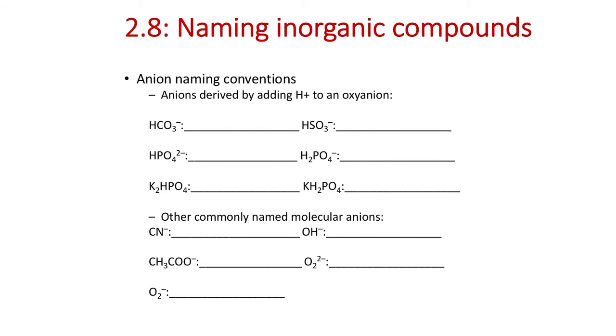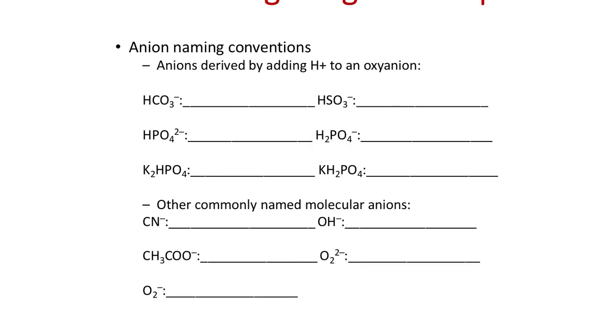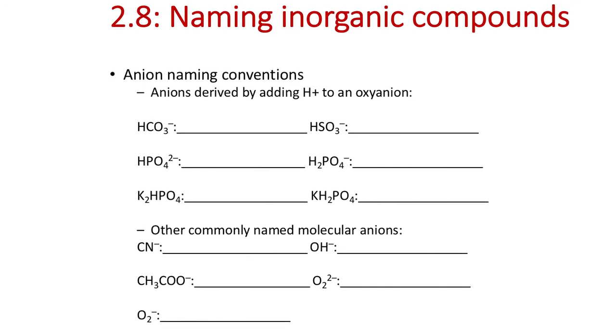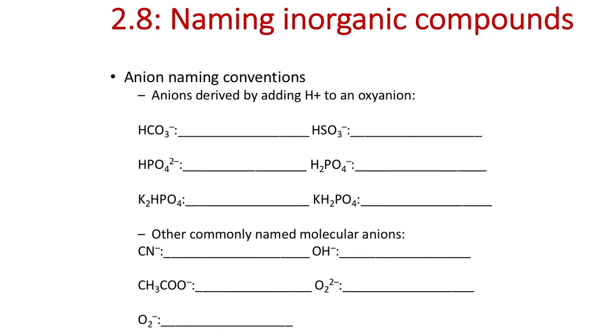Okay, so on this slide here, there's a few other anions that are derived off of these oxyanions, and that's where we're adding an H+ onto the formula. If you know what acids are, and we're going to name acids in a minute, so it's probably good to start thinking about what acids are. Acids are where you take an ion, like chloride, and you imagine having H+ added to that formula.